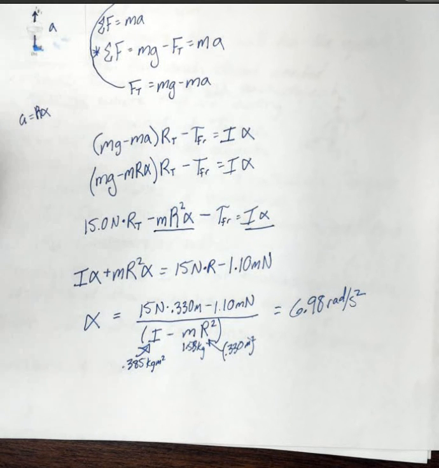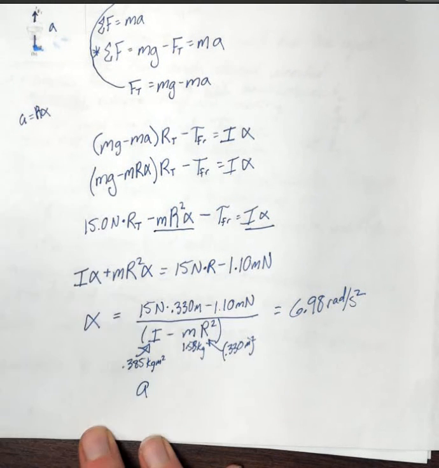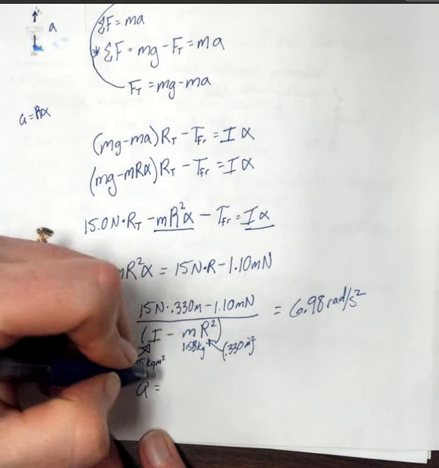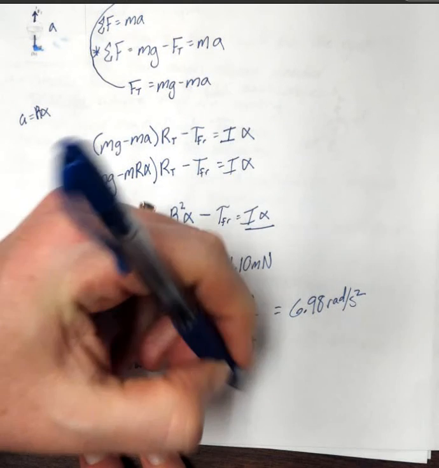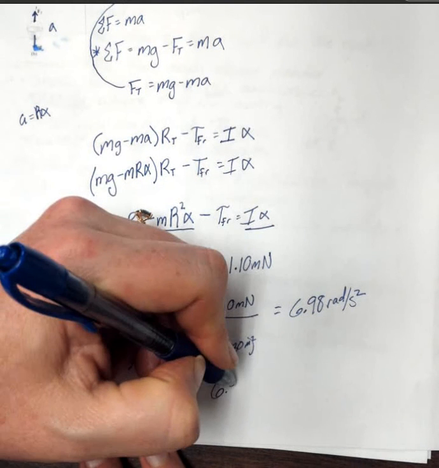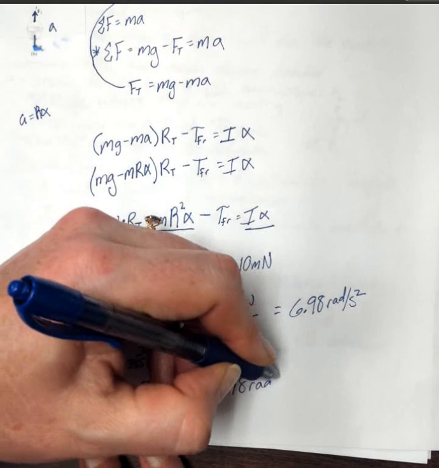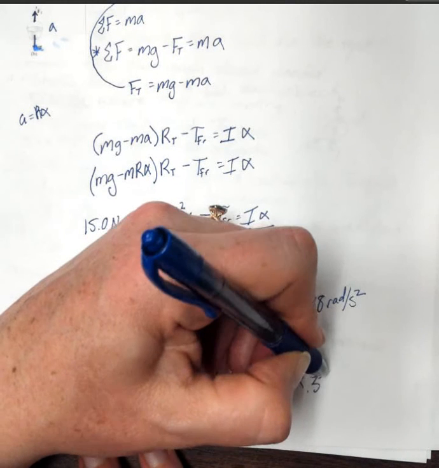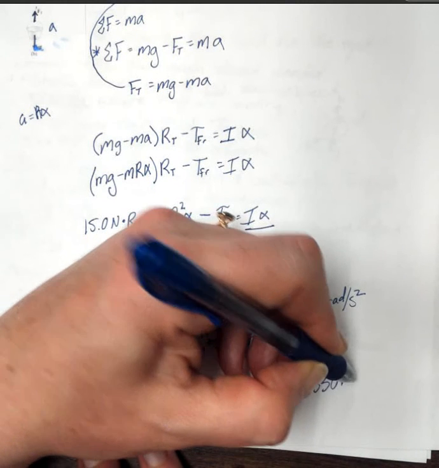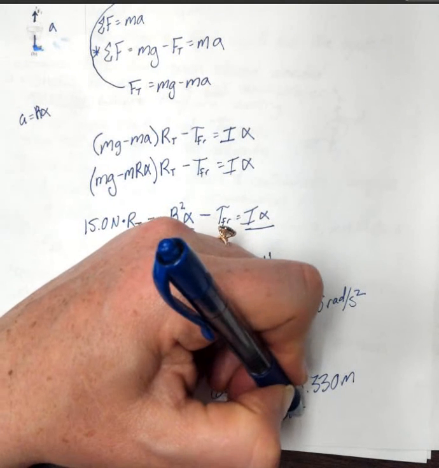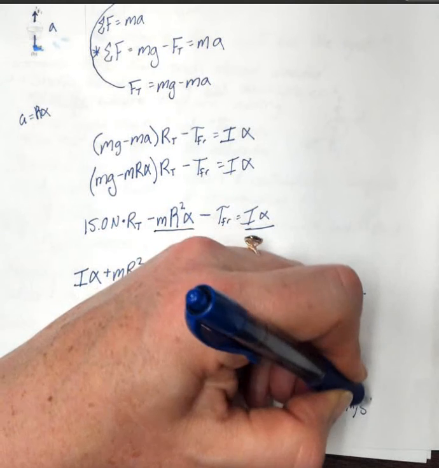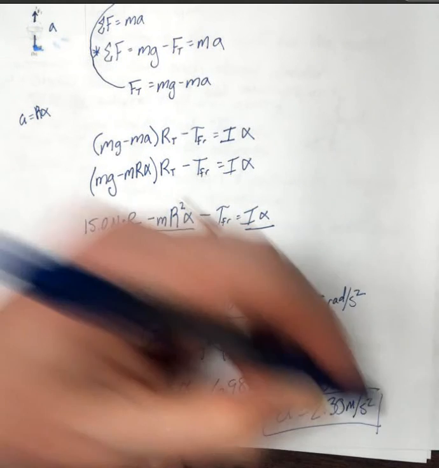Now, tangential acceleration is going to be given by our relationship for rolling without slipping, r alpha. So we're just going to take that 6.98 radians per second squared and multiply it by 0.330 meters, and we get an acceleration of 2.30 meters per second squared, and that is the acceleration of the bucket.